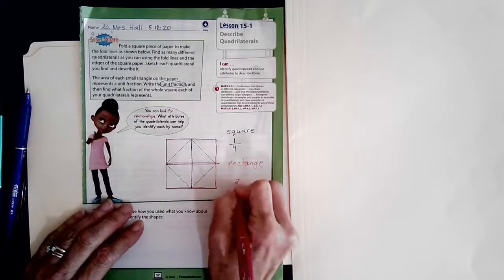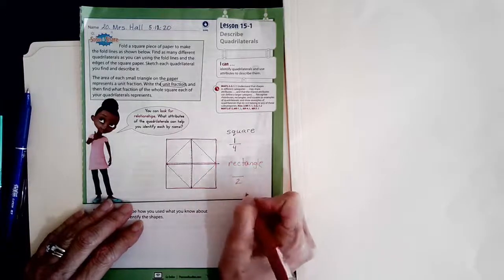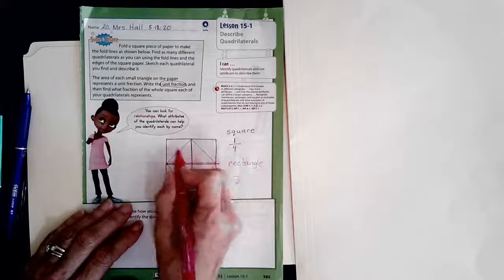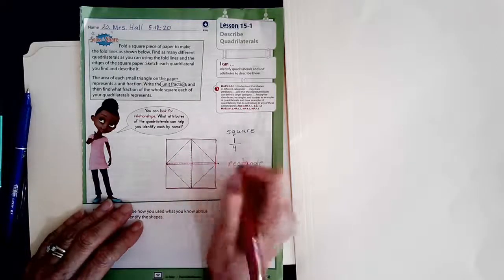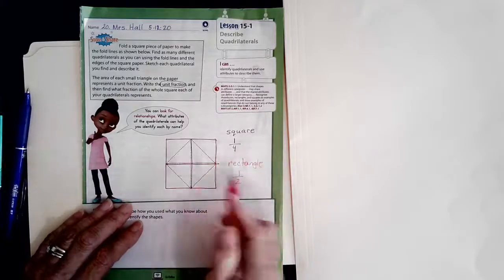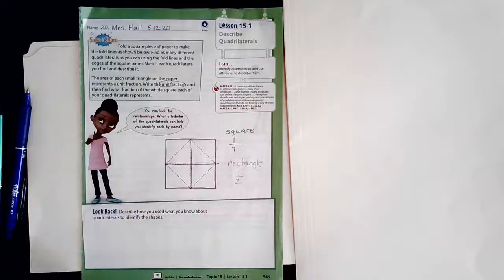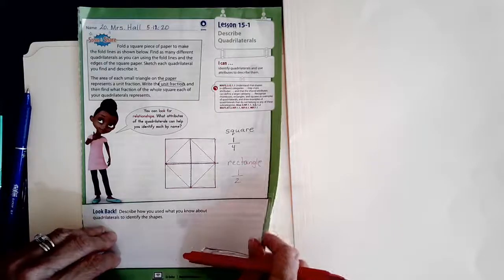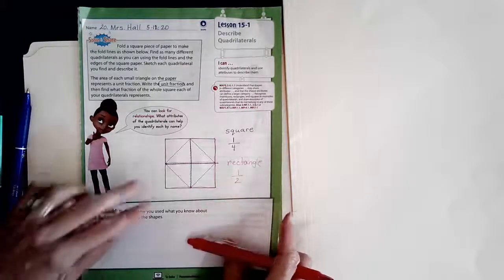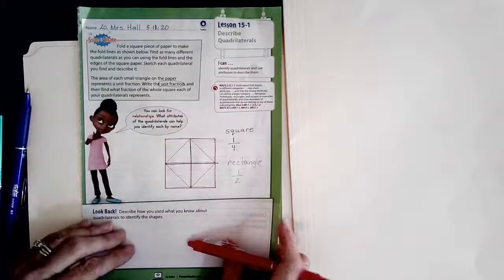So 2 would be my denominator. And then how many would only one of these rectangles be for my unit fraction? It would be 1. So we could take our paper and fold it in different ways and represent those unit fractions based on how many of those shapes we came up with.